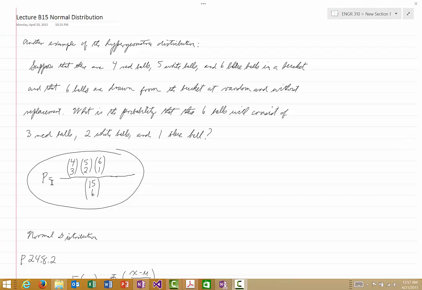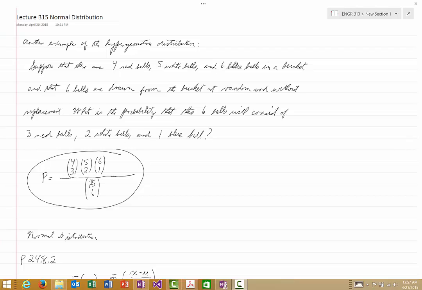Okay, the probability that we're looking for is a fraction, just as always with the hypergeometric distribution, and let's start with the denominator. Now, why do we have 15 choose 6 here in the denominator? Well, the reason is simple. We have a total of 15 balls, 4 red, 5 white, and 6 blue. 4 plus 5 is 9, plus 6 is 15.